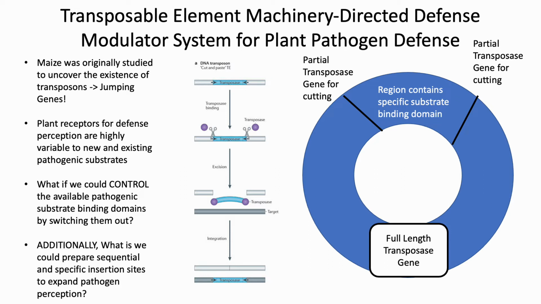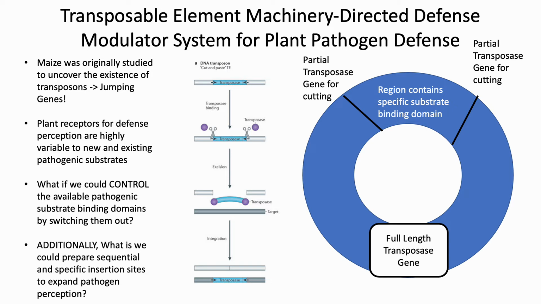What's important here is these ITR regions aren't known to be variable necessarily, but what if we could modify them and make them variable and make those regions specific to what we'd want to introduce into a gene of interest?